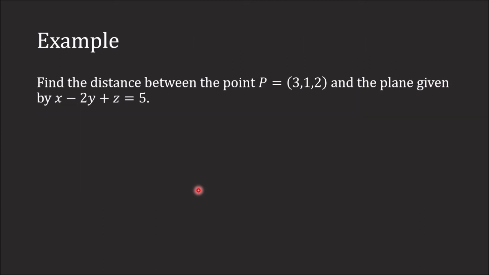So we wish to find the distance between the point 3, 1, 2 and the plane given by x minus 2y plus z is equal to 5. Right, well, we have our point. We have a plane. Well, we need a normal vector to the plane.